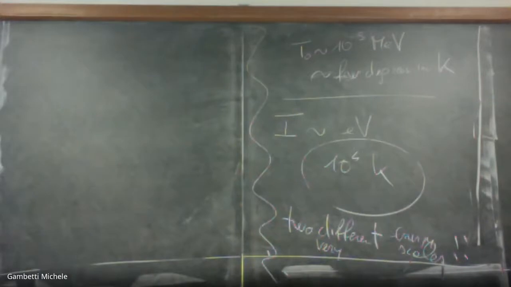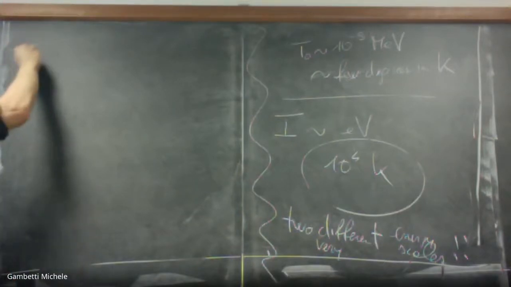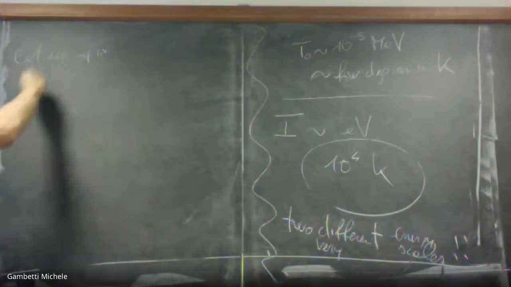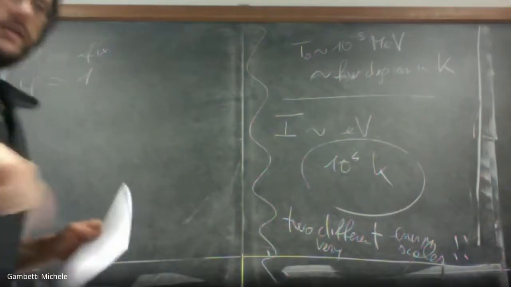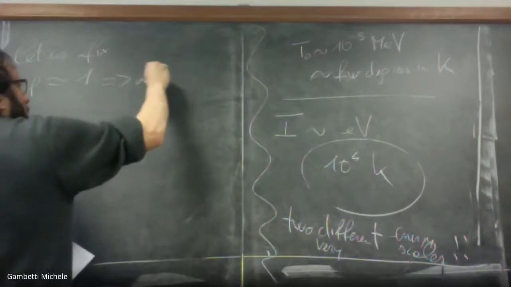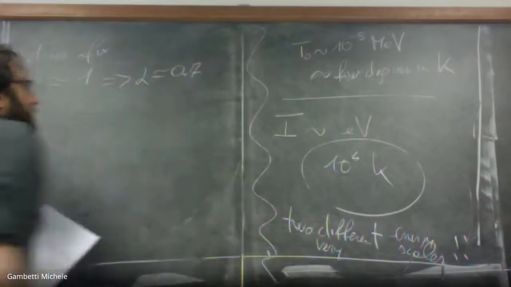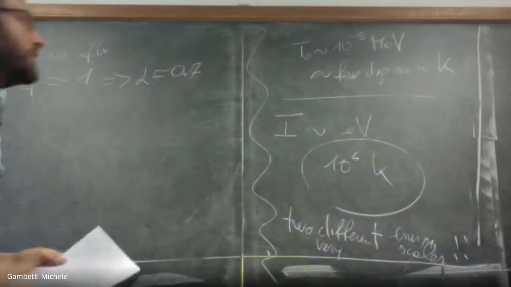Now, just to give a more intuitive feeling of what's going on, suppose that we fix phi of the order of 1, which in the formula from before, as a solution of the Saha equation, means that alpha is of the order of 0.7. So it's 70% ionization, which is a good degree of ionization.